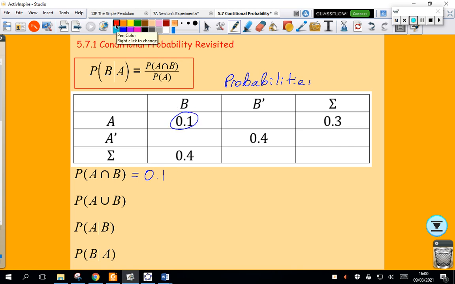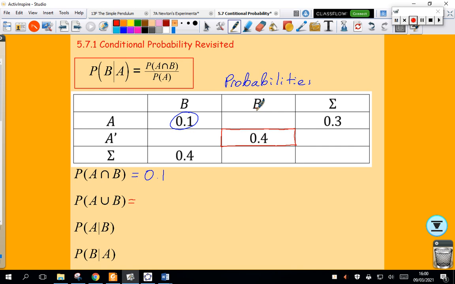We're asked to find the probability of A union B. To find it, I look at this cell. This is not, of course, A union B, but it's A complement intersection B complement.